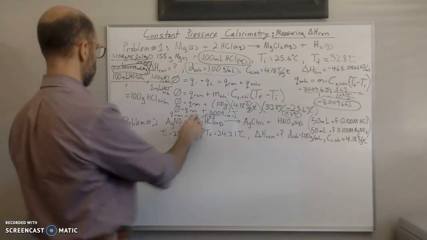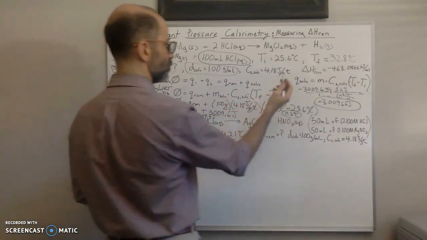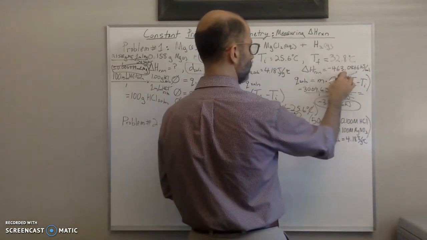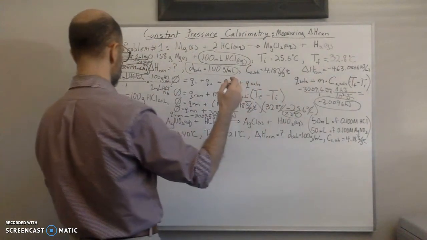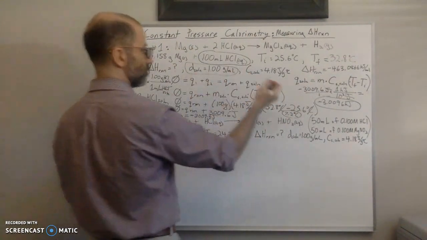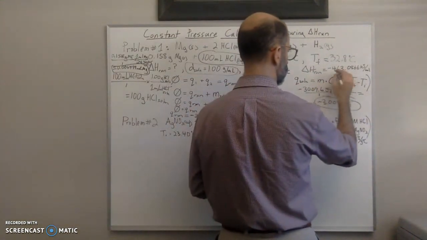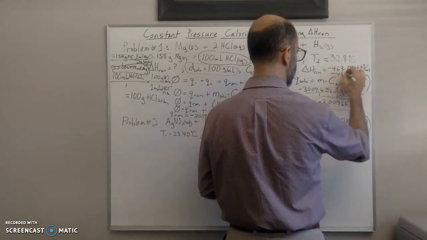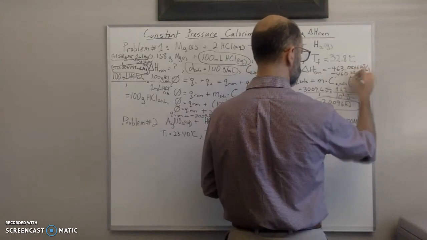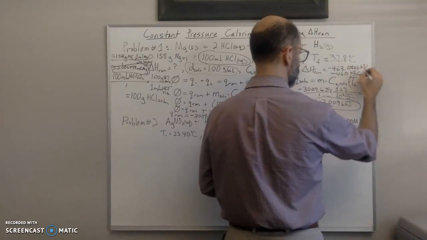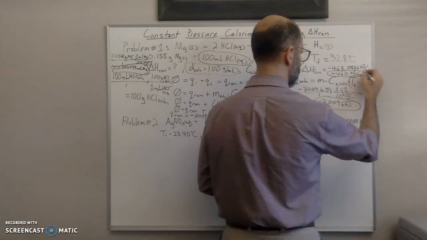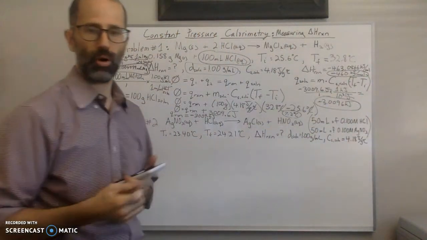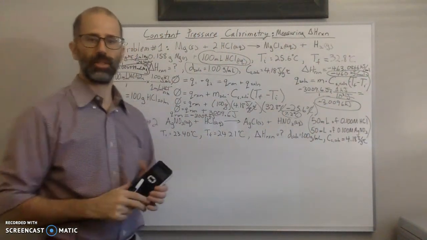So where's our answer? We had 2 sig figs when we divided. So our final answer should be negative 460 kilojoules per mole. So that is the delta H or enthalpy of the reaction.